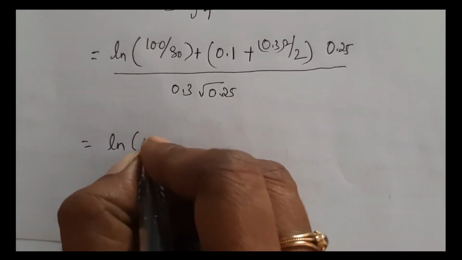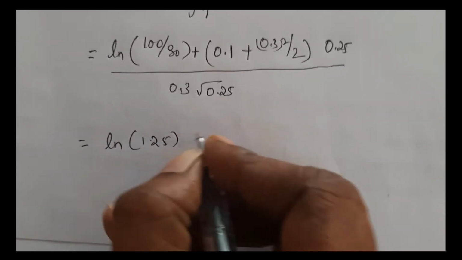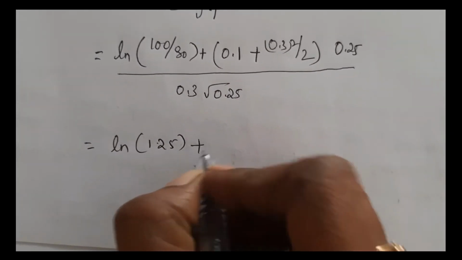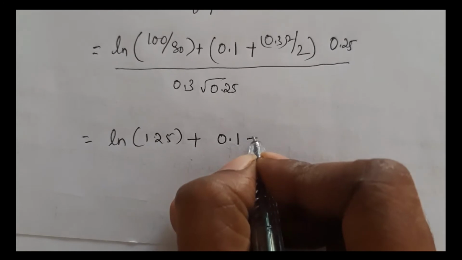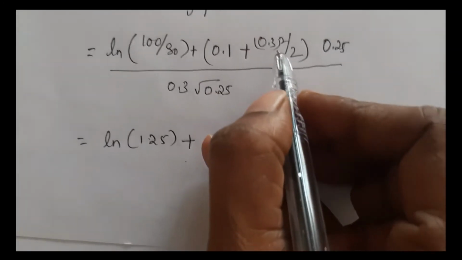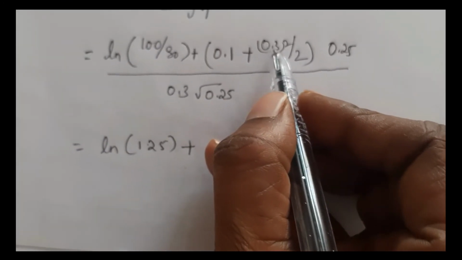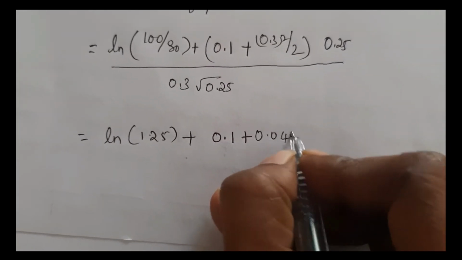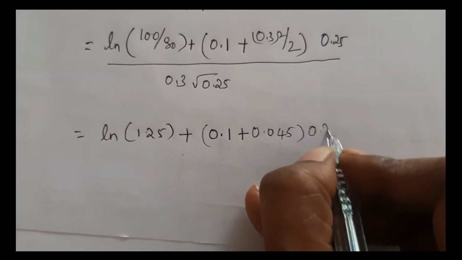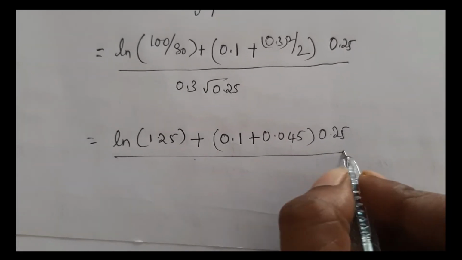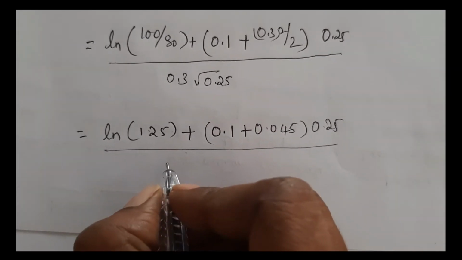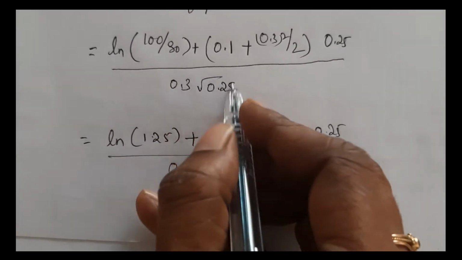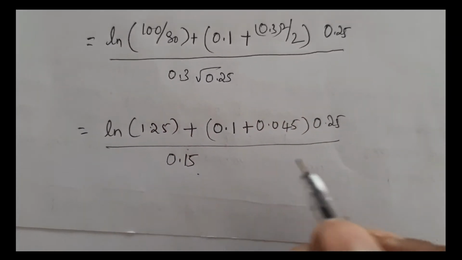So ln of 1.25, this part will be 1.25 plus 0.1 plus 0.3 square by 2, which will become 0.045, into T, whole divided by 0.15. When you solve this part, it will become 0.15.